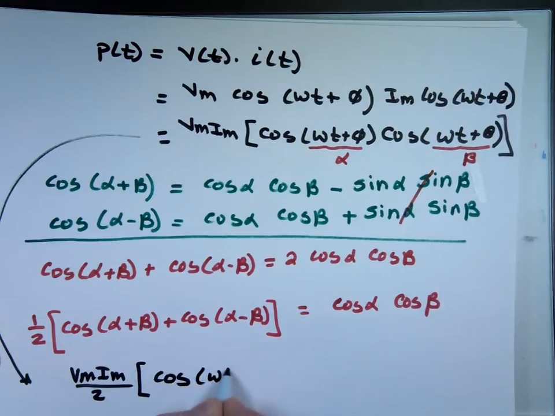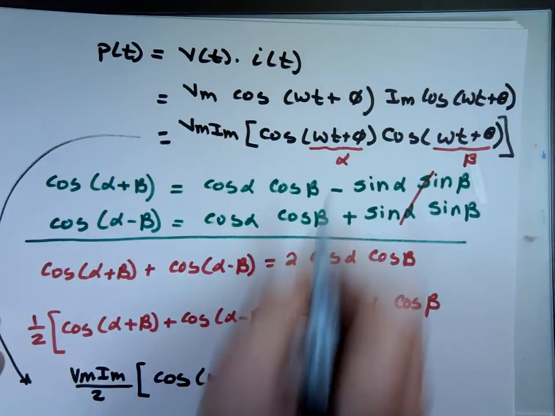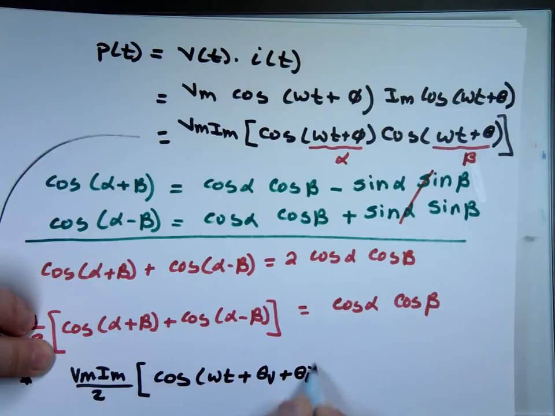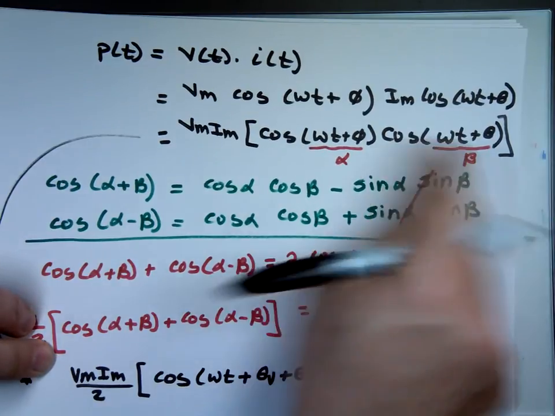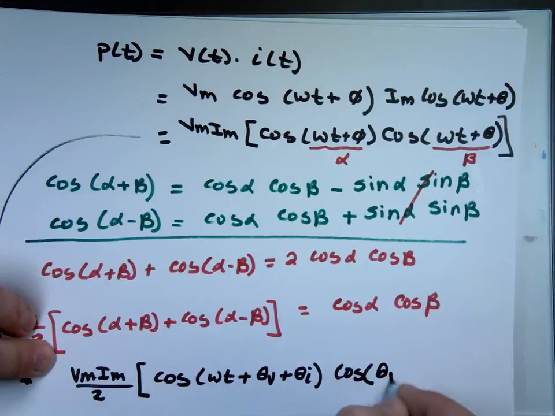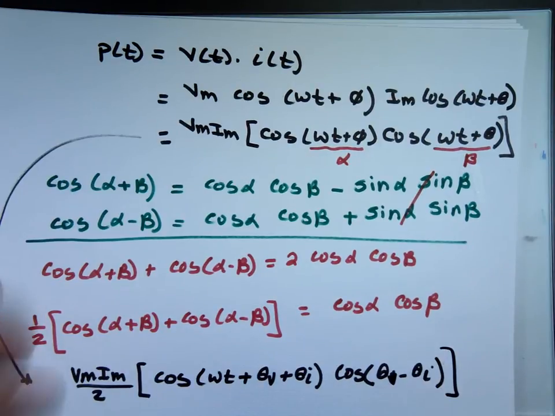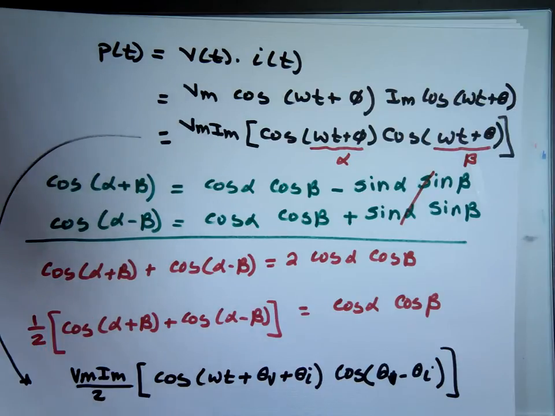Wt plus, instead of phi and theta, I'm going to call these theta v and theta I. You add them, and then cosine of the difference between them. When you subtract them, that's theta v minus theta I. And this should be 2W here.